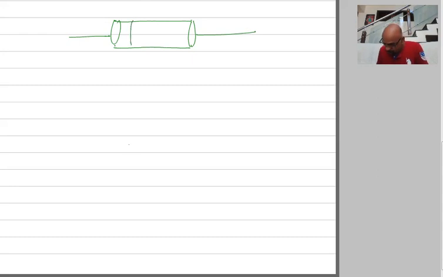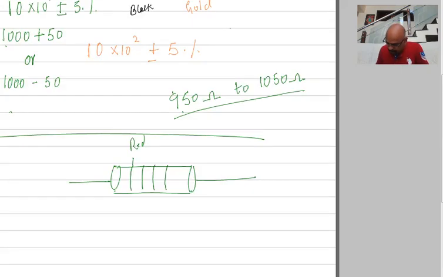Ring number 1, ring number 2, ring number 3, ring number 4. Imagine the first ring is red. Imagine the second ring is black. The third ring is red. The fourth ring is gold.